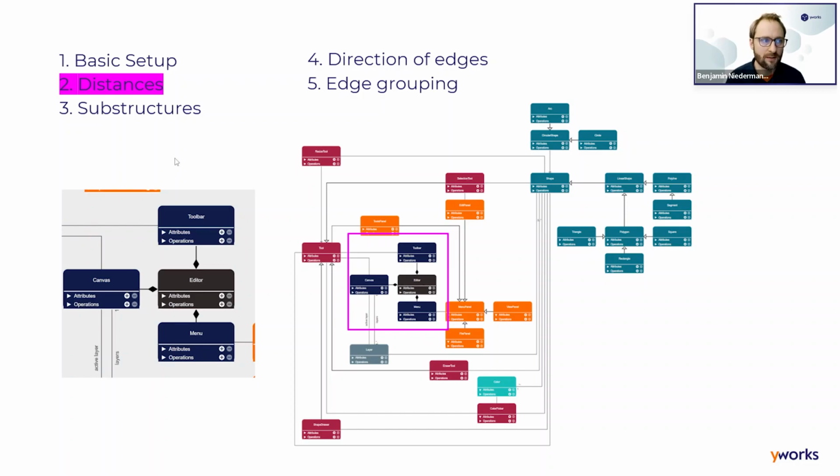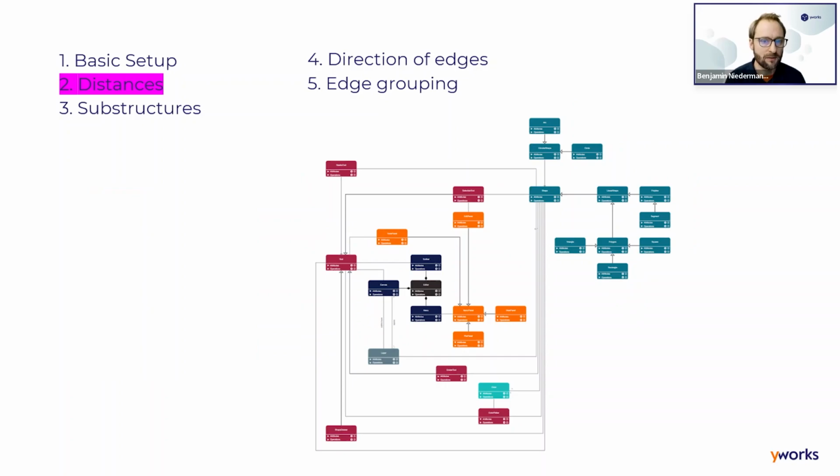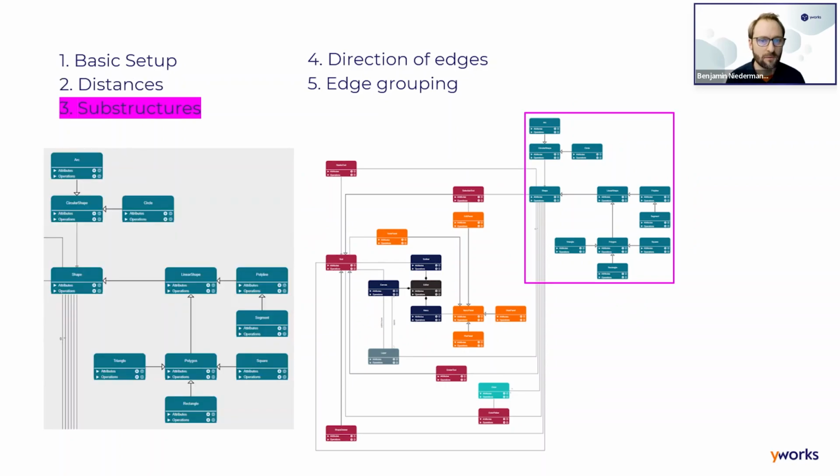The next thing that I would like to show is how to do substructures. So if you consider this tree, as I said, this is an inheritance tree of classes, and of course at the moment it does not look like an inheritance tree where we have this kind of layering, and this is the next step that I want to do.